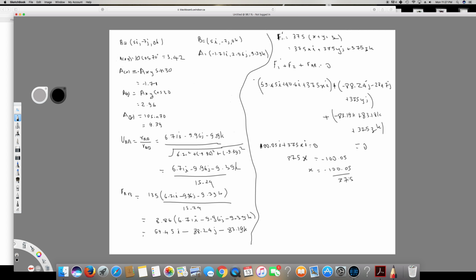Let's divide this by 375. It's giving me 0.2668.